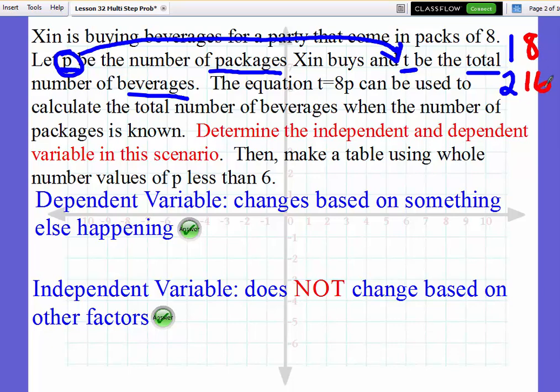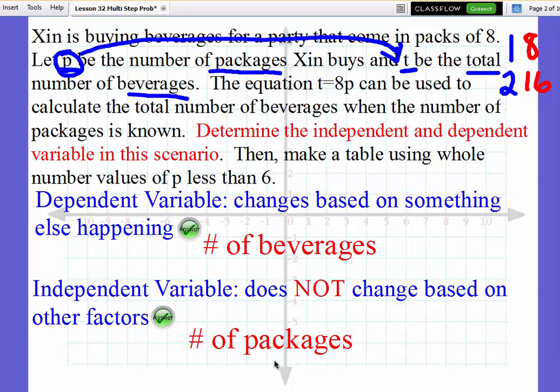So what's changing here is my T. My T is that total number of beverages. What doesn't change based on the other variable is that P. My P only changes when I do something, but it doesn't change when my other variable changes. I know it sounds confusing, but it'll be easier when we see our graph.